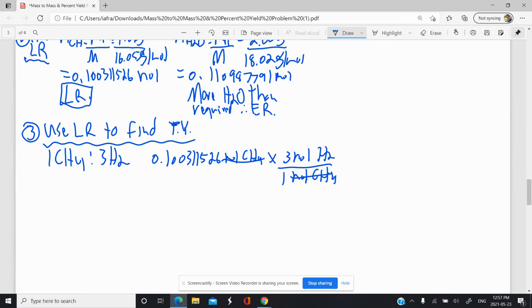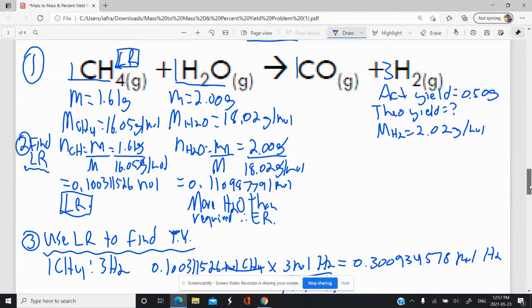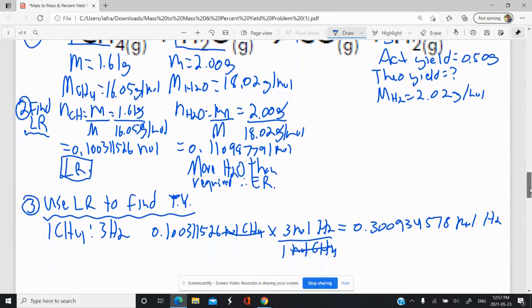So we can do 0.100311526 times 3, and we get 0.300934578 moles of H2.